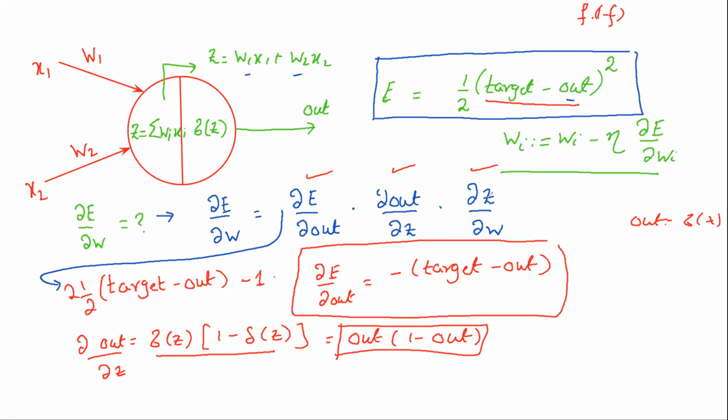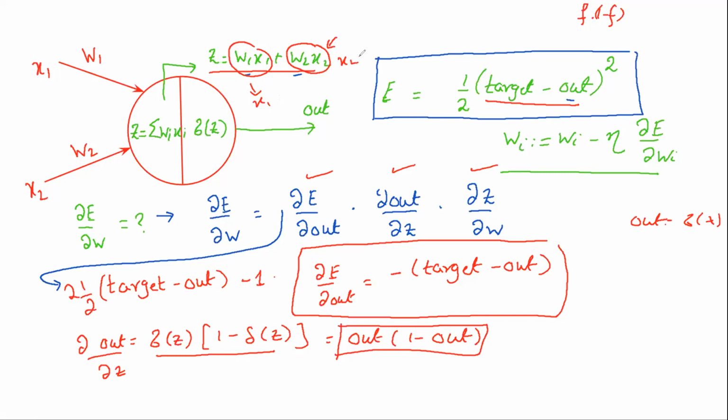Now we need to compute the derivative of z with respect to w. It means now we are talking about this one. Now you see, as I told you, this w means it can be w1, w2, w3, and so on. Okay, so if I'm computing the derivative of this with respect to w1, what will happen? This term will become constant, and the derivative of this part with respect to w1 would be x1. If I'm computing derivative with respect to w2, this would become constant, and the derivative of this term with respect to w2 would be x2.